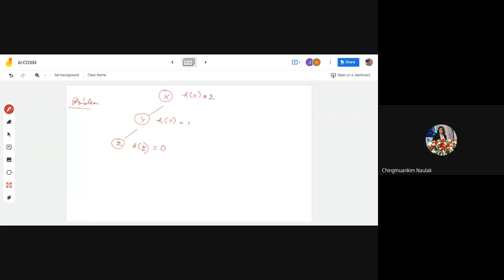I write 2 here because there are 2 steps to reach the goal node, and 1 here because only 1 step is needed. So in other words, h of n is the number of steps or hops required to reach the goal node from the current node.